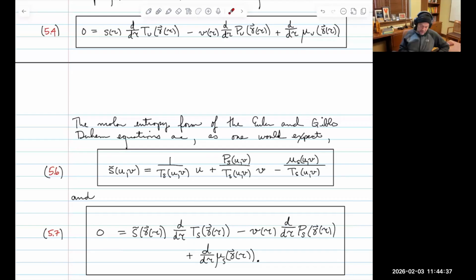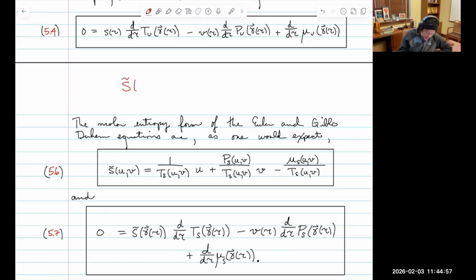the molar version of the Euler equation. And the way you get the molar version of the Euler equation for the entropy is you start with the Euler equation for the entropy.